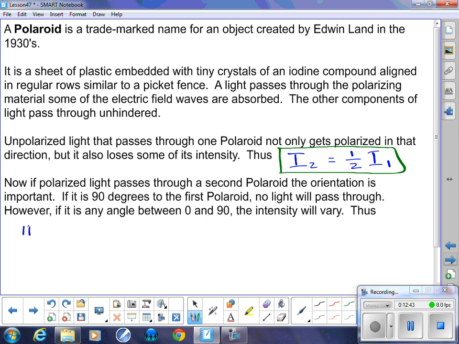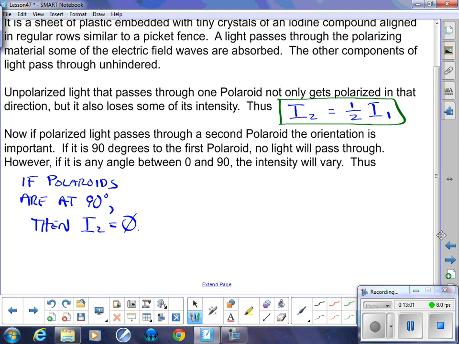Now, what happens when we have that orientation of Polaroids at 90 degrees? If Polaroids are at 90 degrees, then intensity 2 is equal to 0. What happens if we're in between 0 degrees and 90?